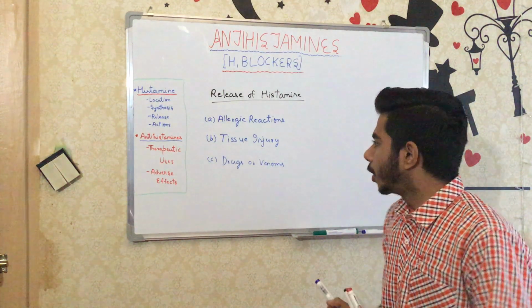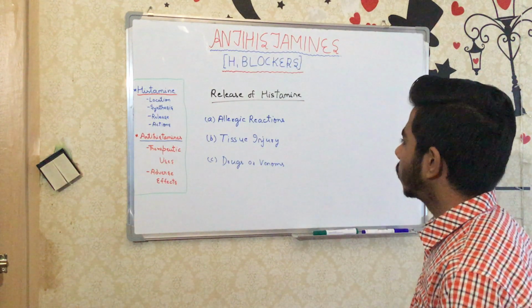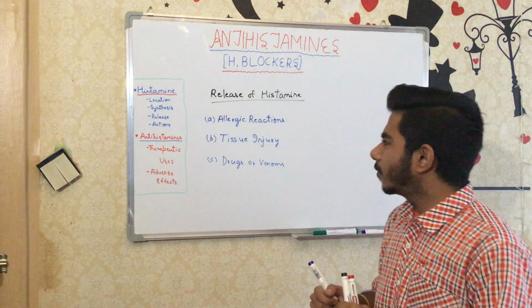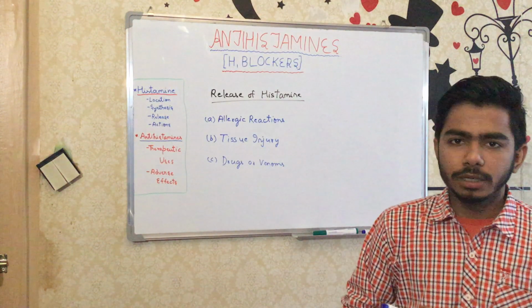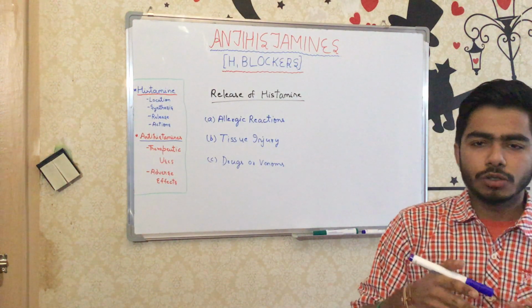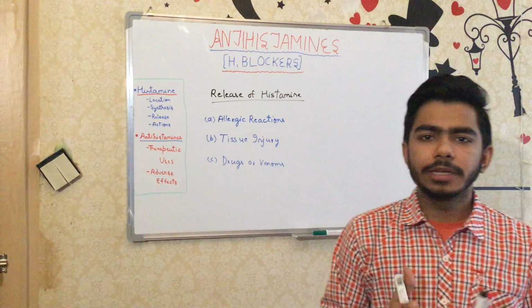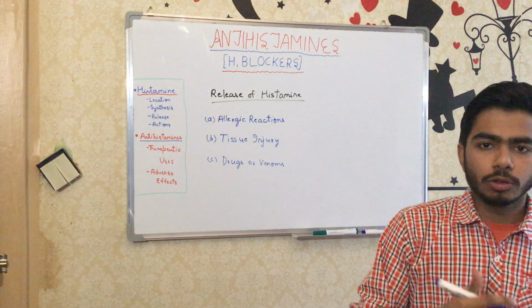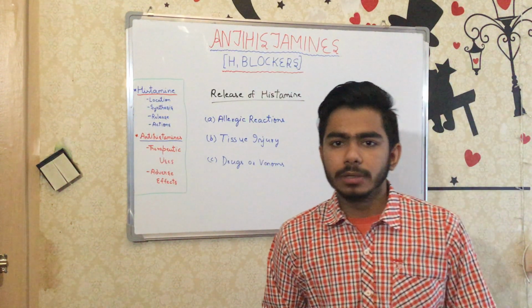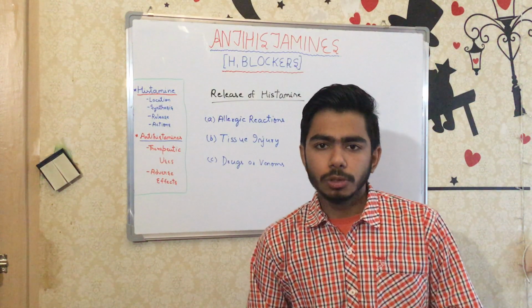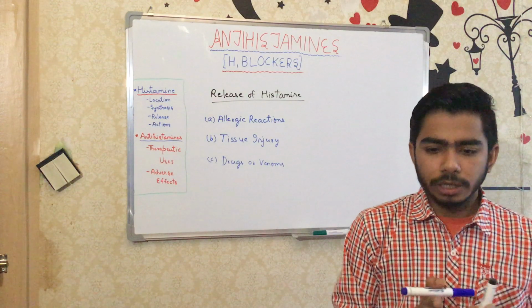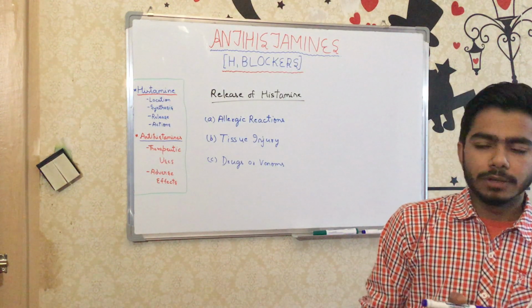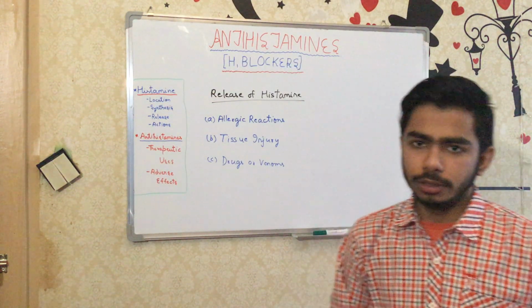Now, if I'm talking about tissue injury, if any kind of trauma or tissue injury happens in the body, it can directly destroy the mast cells, which will cause degranulation, and they will release more histamine, which increases the permeability of the blood vessels and can cause vasodilation.